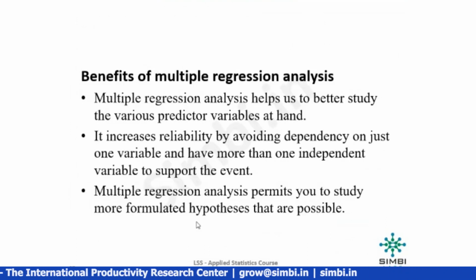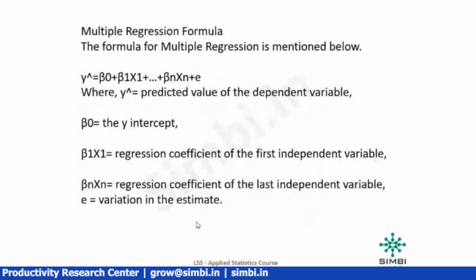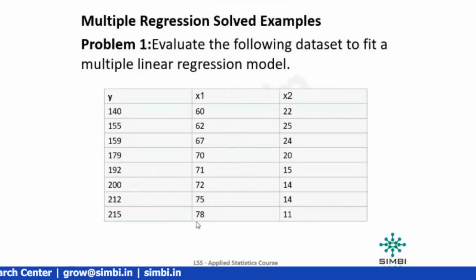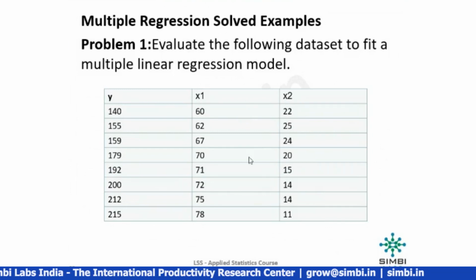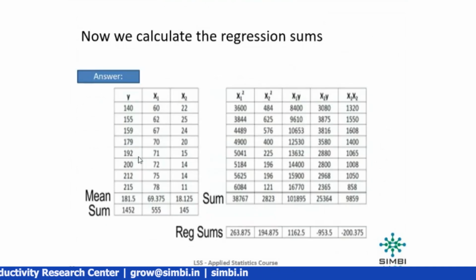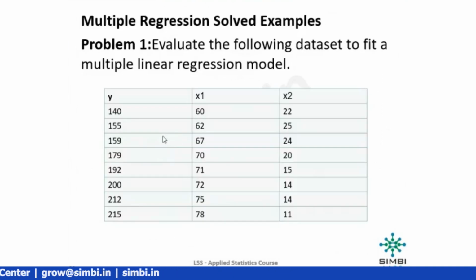So let us see how we can apply this formula in a problem. For example, we have a data set of values to fit a multiple linear regression model. Y is the dependent variable and x1 and x2 are both independent variables. We have this data, and we need to find the best fit line for it.